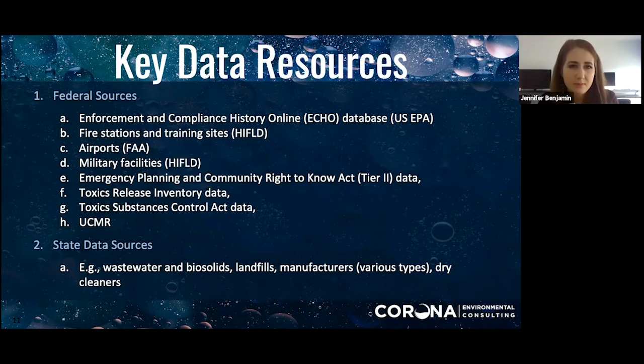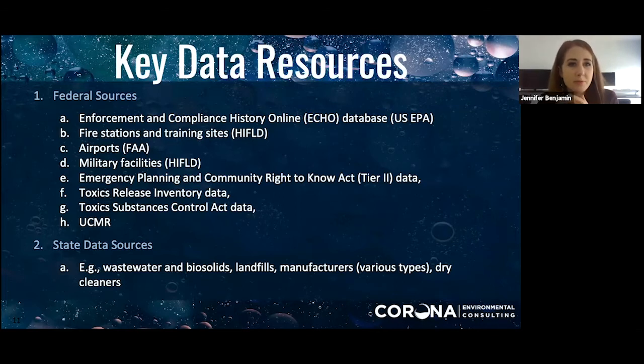And so it includes facilities across several industries. It also includes NAICS industry codes, which allows us to filter that database by industry type. So it's very easy to pinpoint the facilities that are within our target high-risk industries.